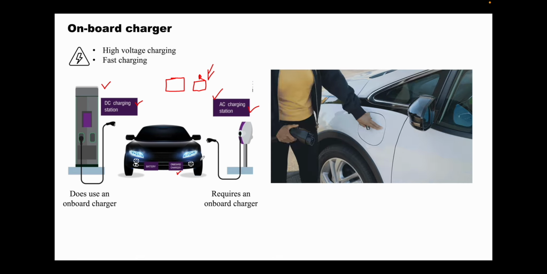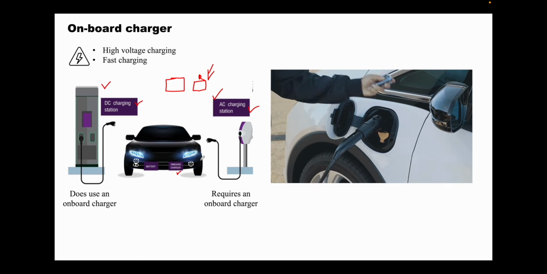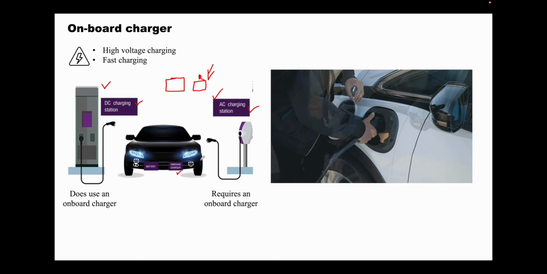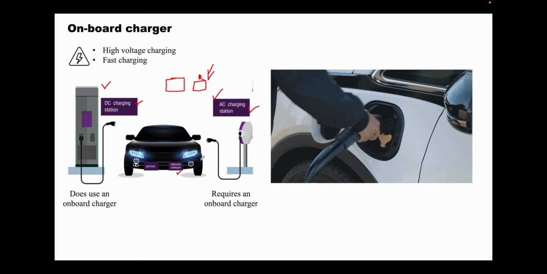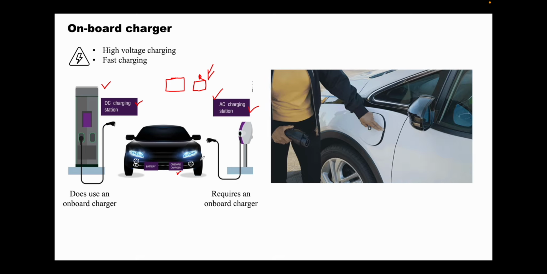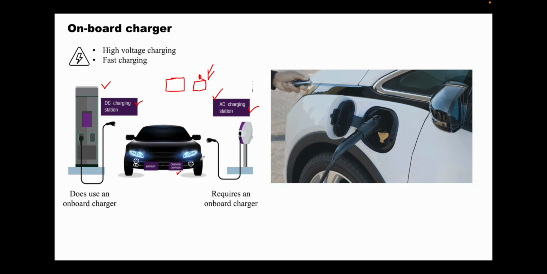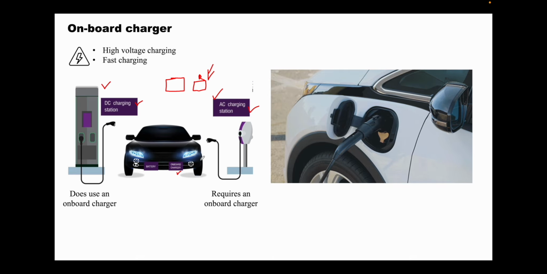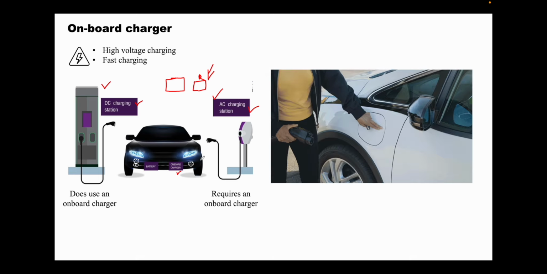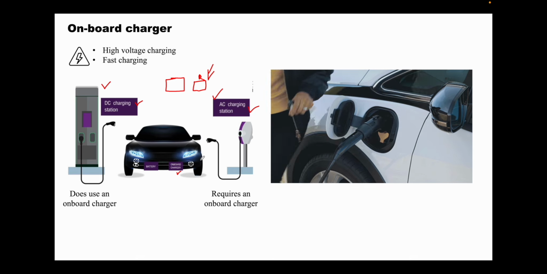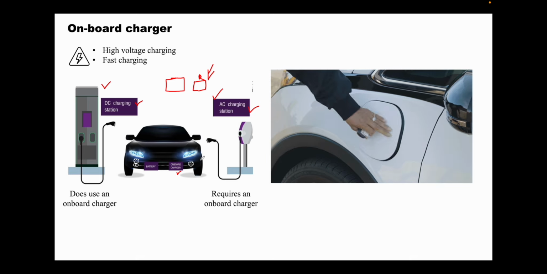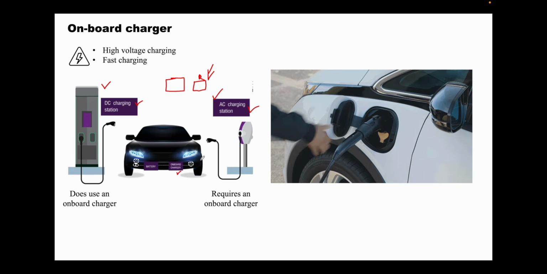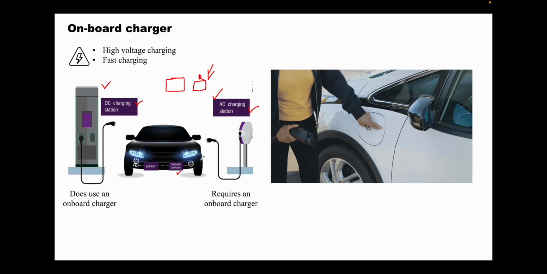Coming to the DC and AC charging infrastructure difference, there are multiple levels of charging based on the level of the voltages that are used for the electric vehicles to charge. But the major difference that you see between a DC and an AC power station is that DC power stations have high voltages, and if you want to perform fast charging, you can do it with the DC power stations only.